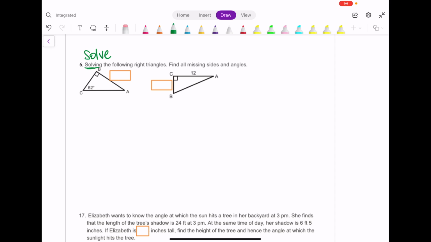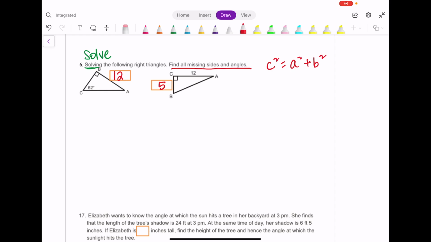The right triangles means you find all the missing parts, everything. So let's call this 12, and let's call this one 5. You can use things like Pythagorean theorem.